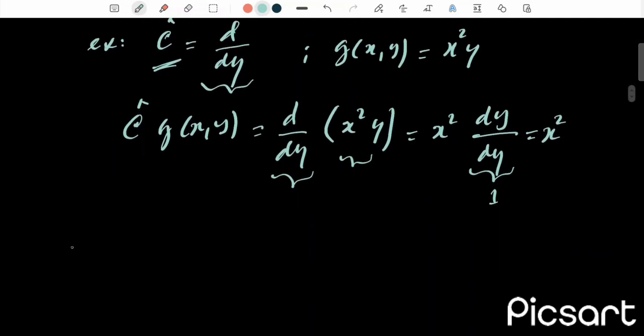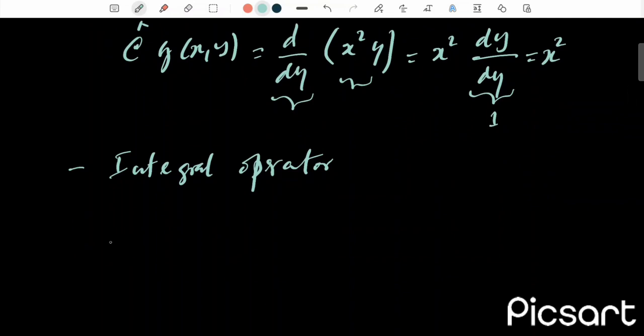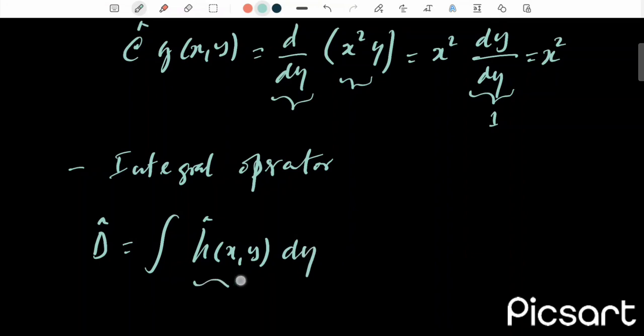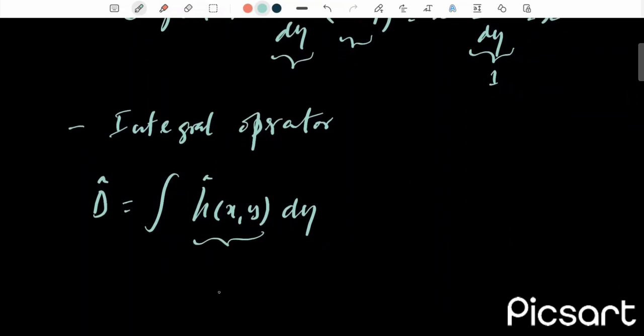The same thing we can think about for the integral operator, where we can, for example, have the operator, not I but K, which is equal to the integral of h of x, y dy, where we call this function h the integral kernel.